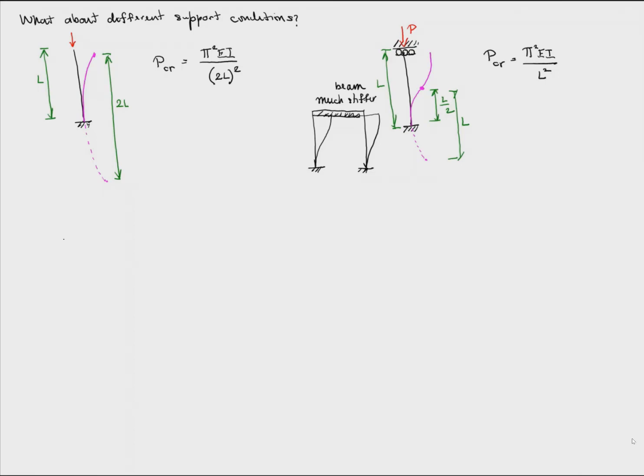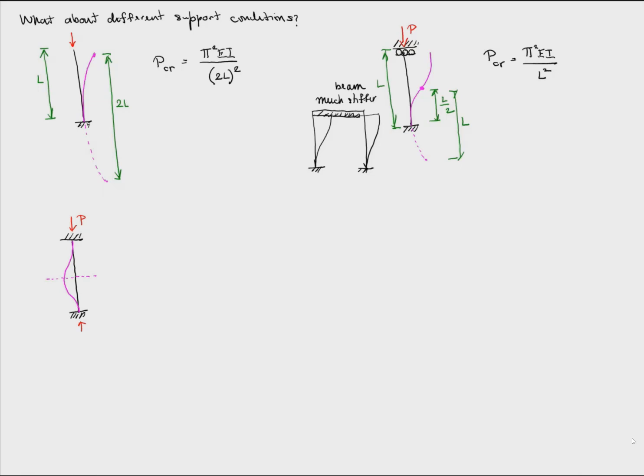Now let's look at a fixed column, which is free to translate in the vertical direction up top, but is fixed against rotation and transverse displacement. And we apply an axial load. The buckle shape now has to look like this. And because of symmetry, the bottom half must be exactly the same as the top half.